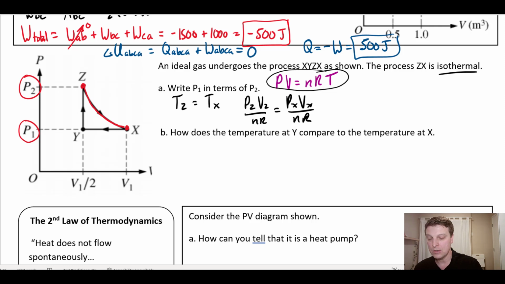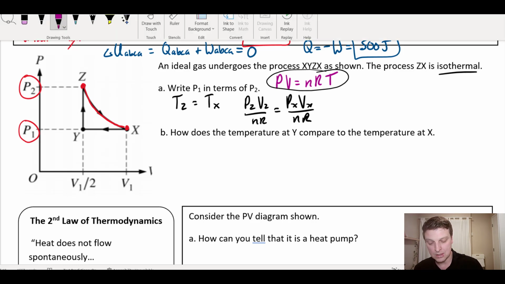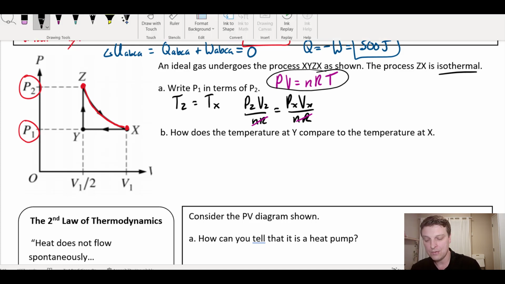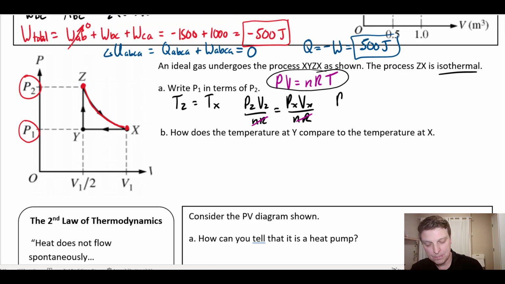And right away, hopefully you notice that this simplifies because my n and R are going to cancel out of each side. So PZ VZ has to equal PX VX. This just comes from one of our ideal gas laws. Really, this is just saying that if the temperature is constant, then pressure and volume can change, but they have to change with the inverse of each other.